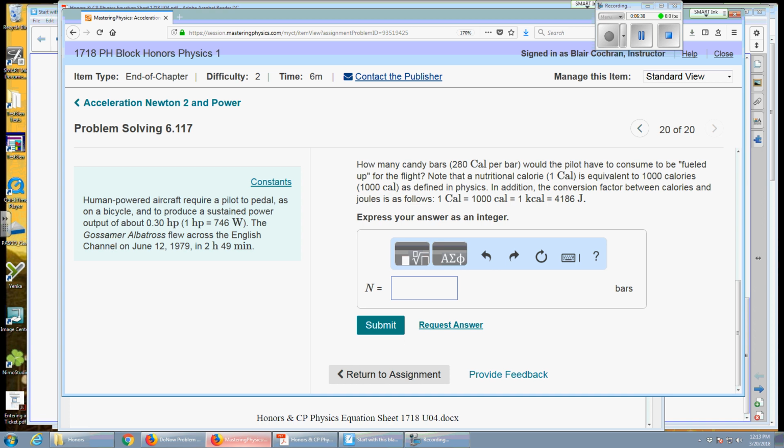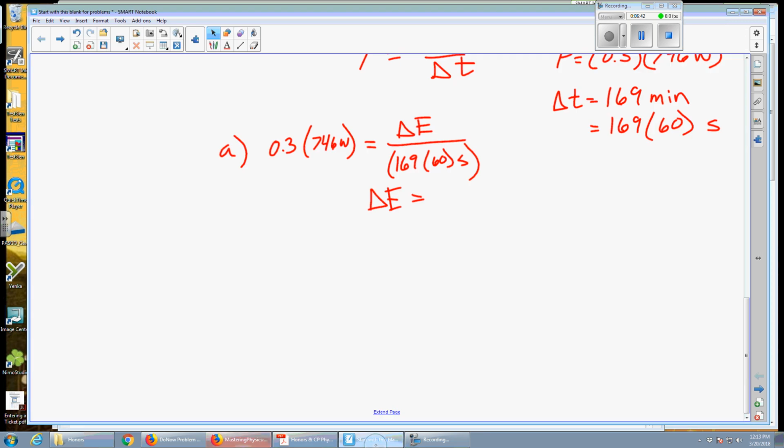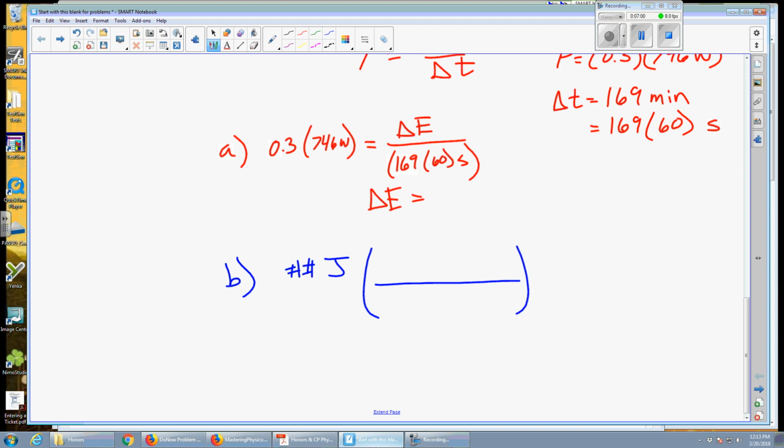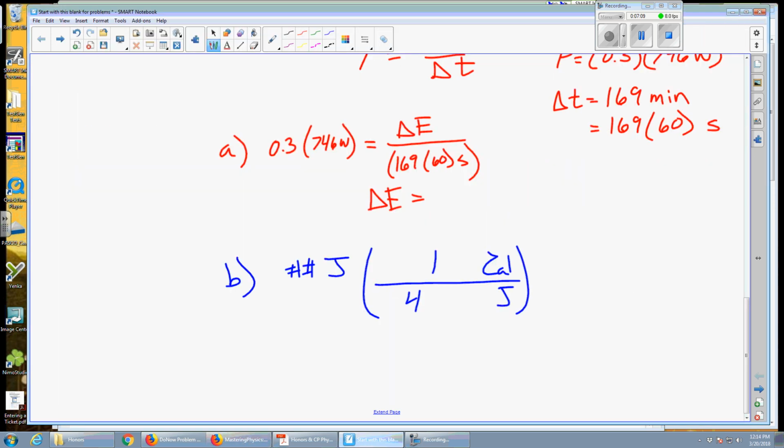So this is really just conversion, right? So for part B, I have an answer in joules. I want to convert it, so I multiply it by the number 1 calorie per 4,186 joules.